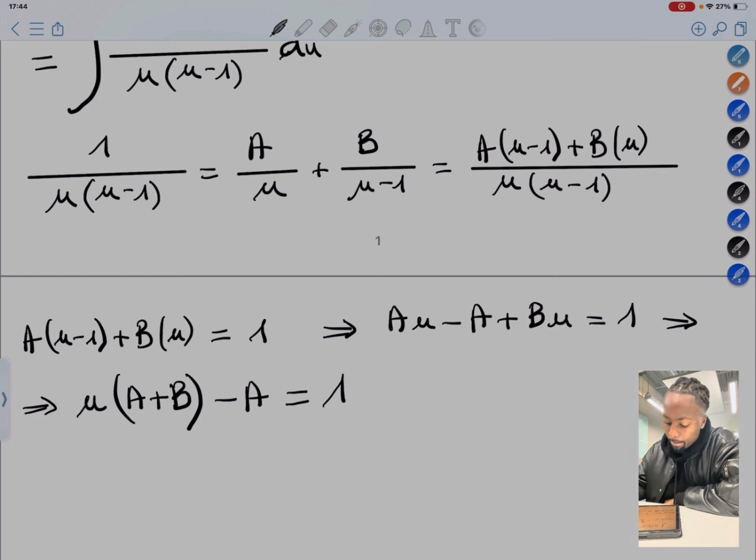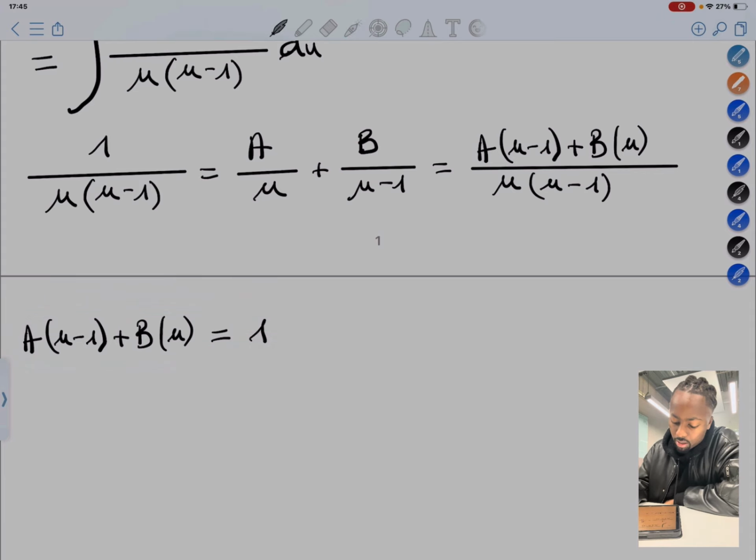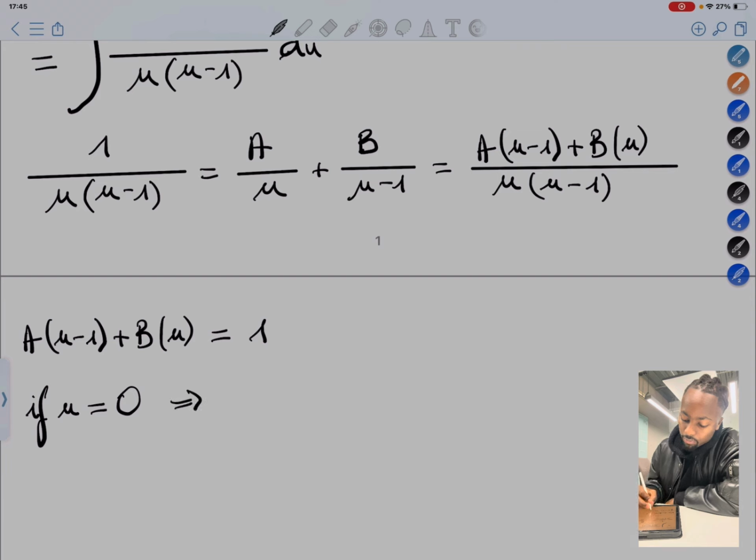Now actually there is no need to do this. From here, if we let u to be 0, so if u is 0, then what we're gonna have, minus a is equal to 1, which means a is equal to minus 1.